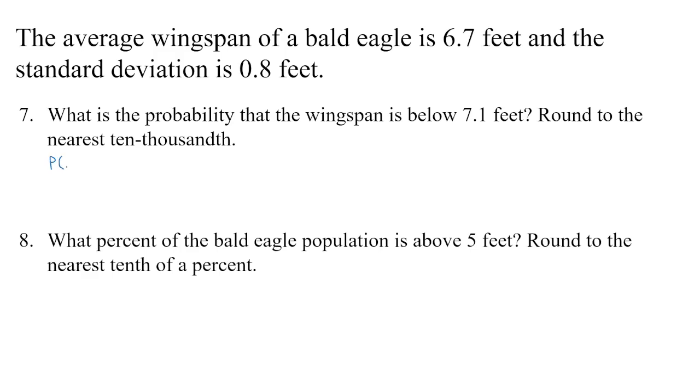This is the probability that x is less than, since it's below, 7.1. So next, we're going to convert that raw score into a z-score. Take the number, subtract the mean from it, and divide by 0.8.